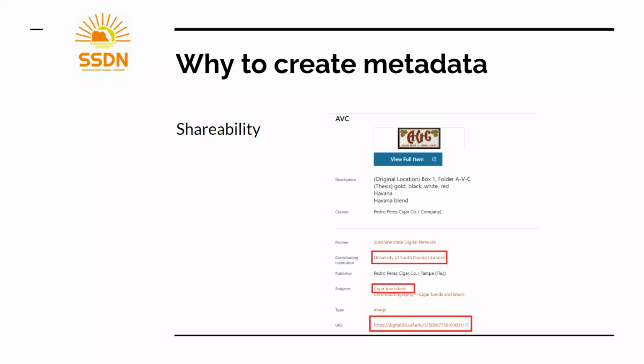If the metadata does not tell it's a cigar box label and it's from USF, it will be hard for any users to understand what the image is and where it lives. With the link back to USF collection, users can also easily find another couple thousands of cigar labels if they're just doing cigar label research.